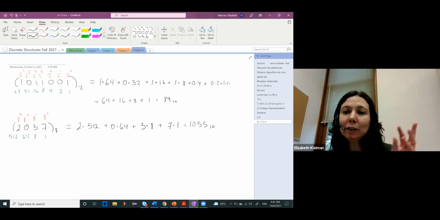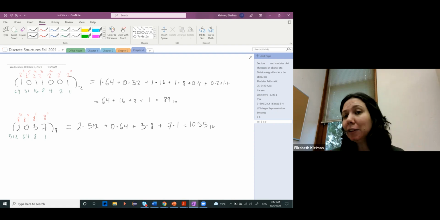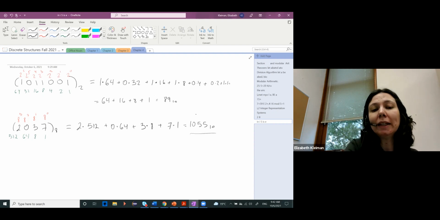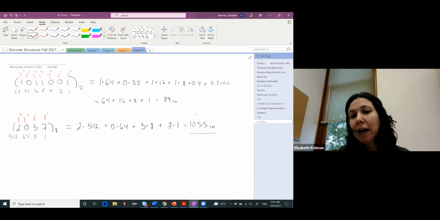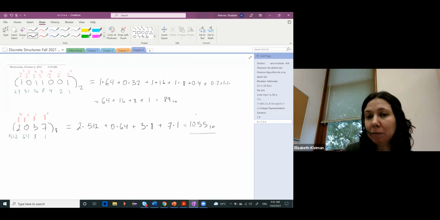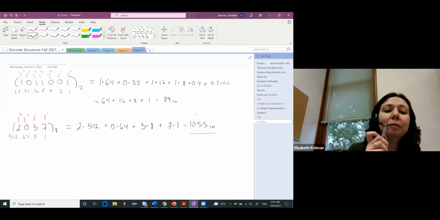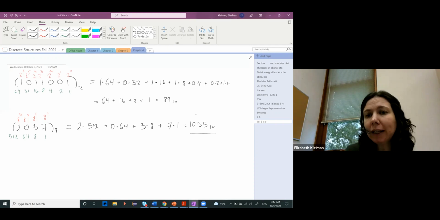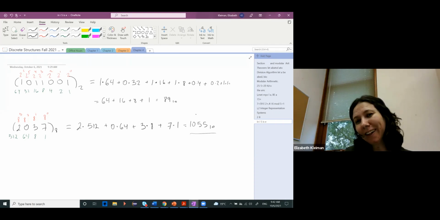Now, again, this is the formula with A's we are using. This is how different enumeration systems work. So you can take any number like that, and you can represent it using different expansion. I can represent 10,055 using binary number, or using hexadecimal number, or using octal 8 base, as long as I expand it correctly.